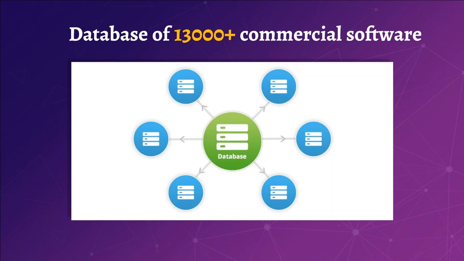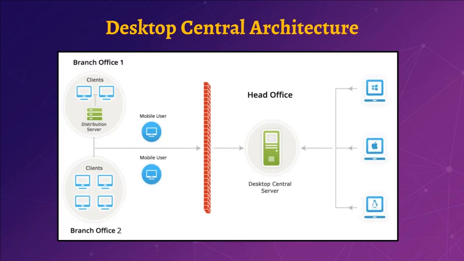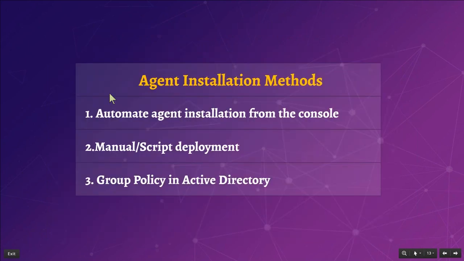So here is the architecture of Desktop Central. As you all might know, Desktop Central is an on-premises solution, and this is a client-server-based application model. Agents should be installed on all the client machines that you wish to manage. For installing the agents, you can depend on these 3 methods.